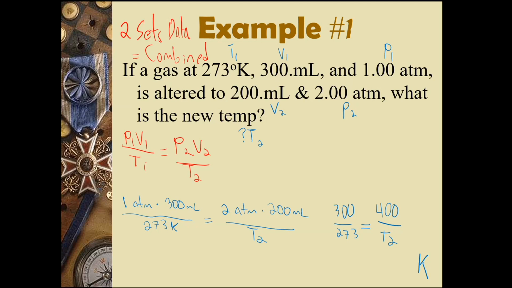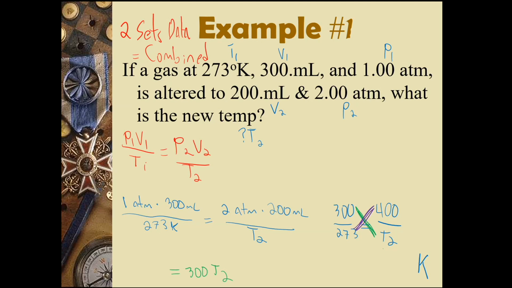So if I want T2 on the bottom, it's best to just multiply this together, and that means I will have 300 T2, equal to the other thing that I multiply, which will be the 400 times 273.